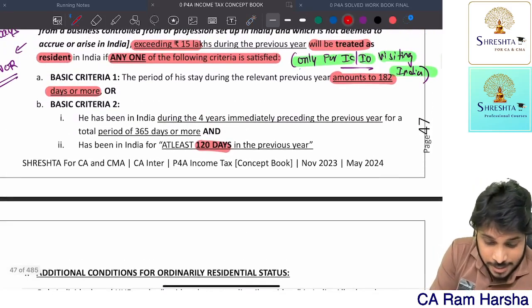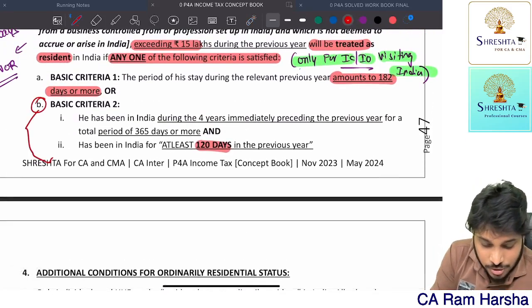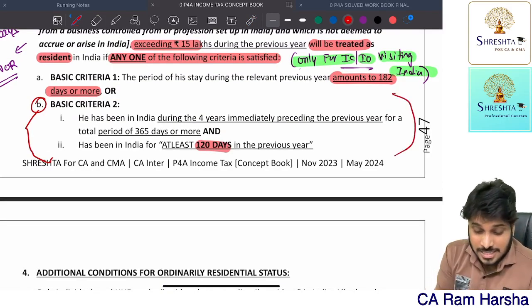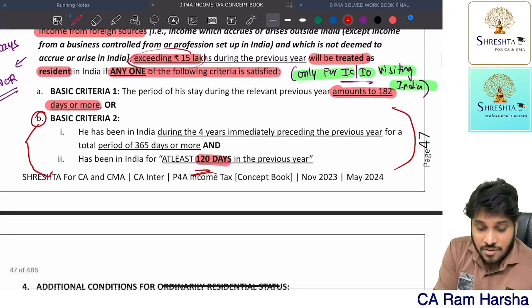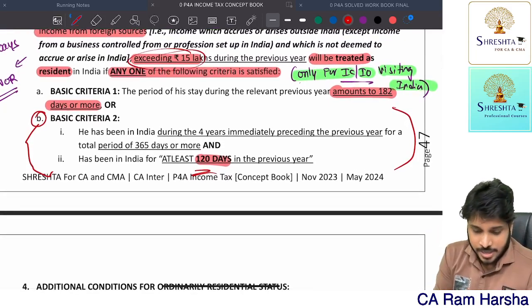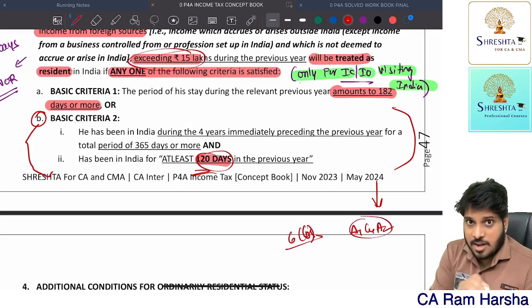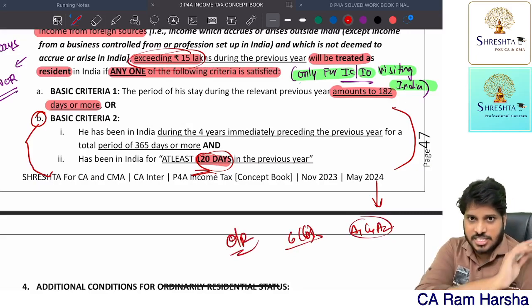Now, if a person becomes a resident because of this B2 condition, the 120 days condition along with the 15 lakhs criteria, then for this fellow, additional condition 1, additional condition 2, nothing but section 6 clause 6, we will not check. Ordinarily residential status we will not check.